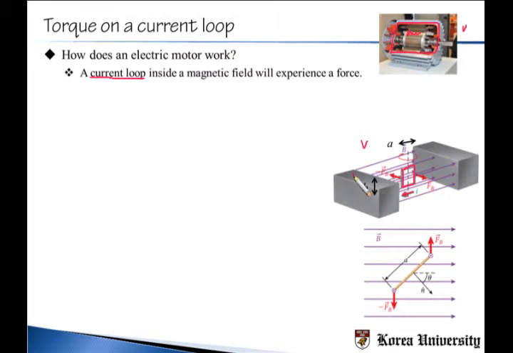Given the direction of the magnetic field, this must be the north pole and this must be the south pole, right? And now let's assume that this loop has a rotational axis along here. It's fixed here, so it cannot move, but it can only rotate around this axis. That's for simplicity.